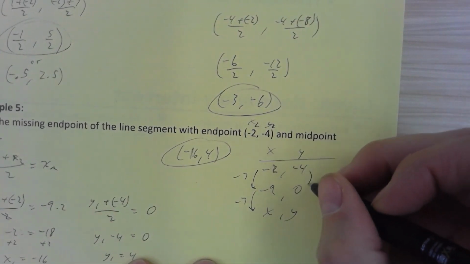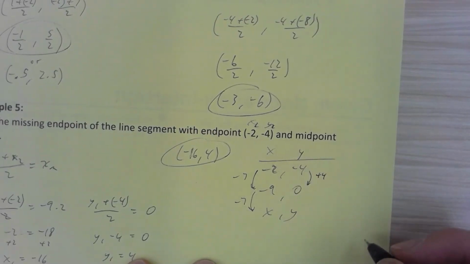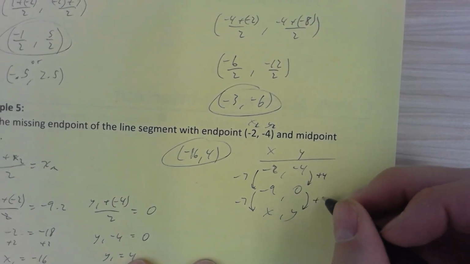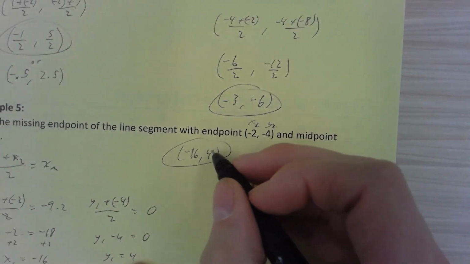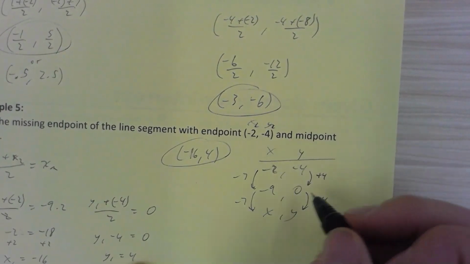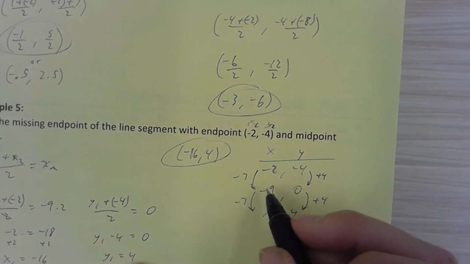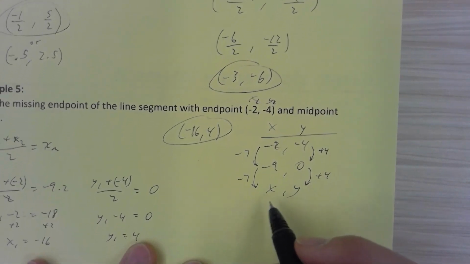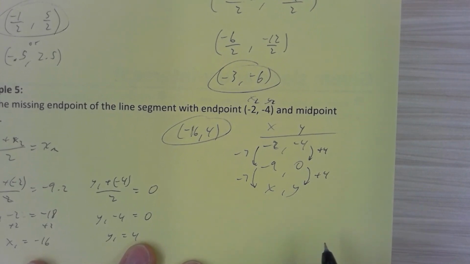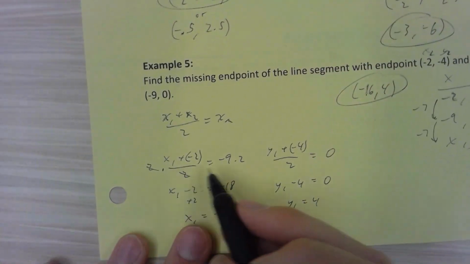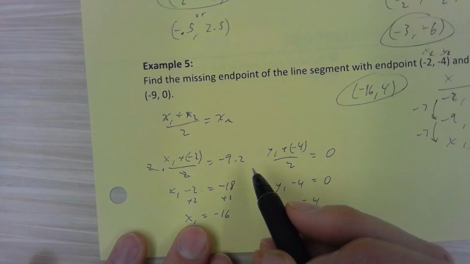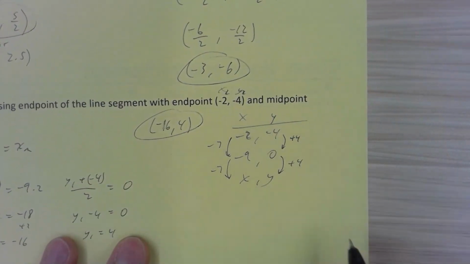To get from negative 4 to 0, I have to go up 4. So if I continue that, go up another 4, I get to positive 4. So you can make a table to see how far I have to go to get from my endpoint to my midpoint, and then I just go another amount of that same unit to get to my other endpoint. So you can use the equation version, or we can use the table version.